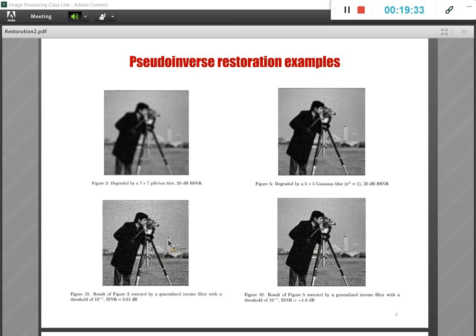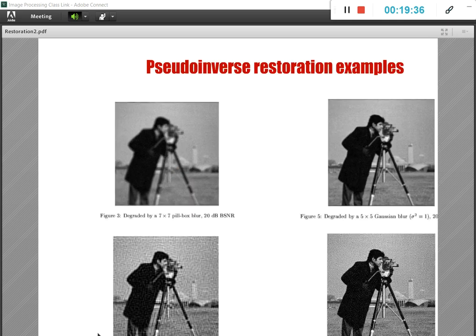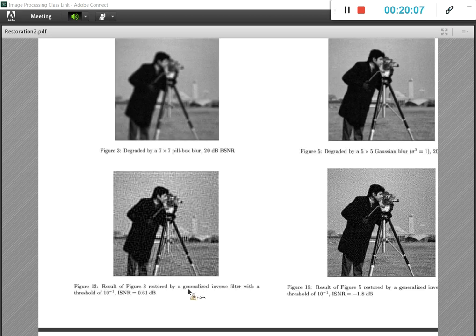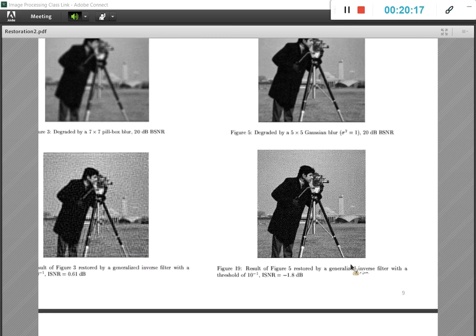The same input, but here you see the result is very good. Why? Because of using a better generalized inverse, with some dB improvement in performance.